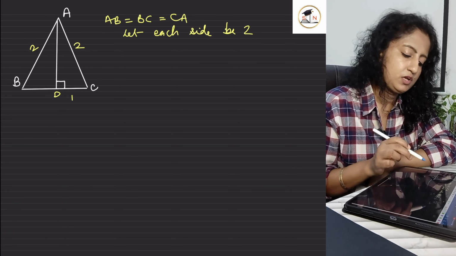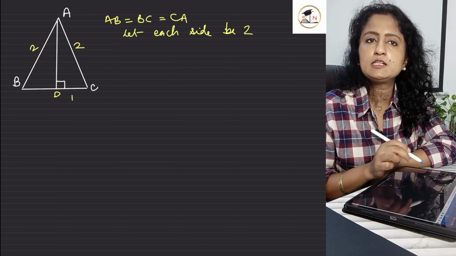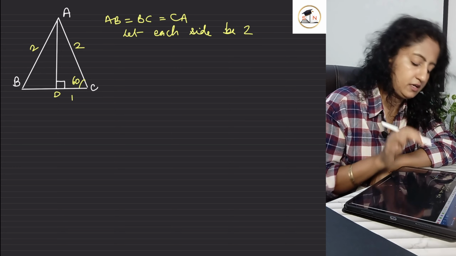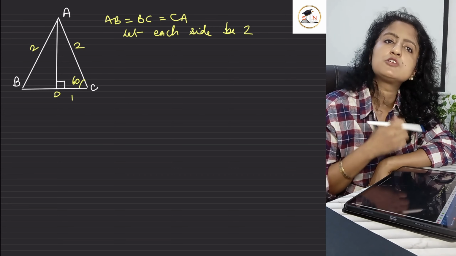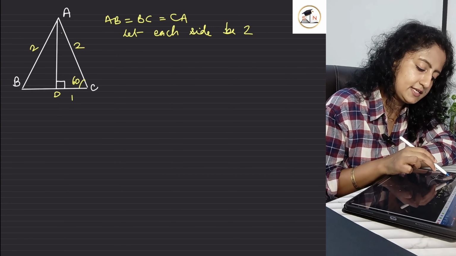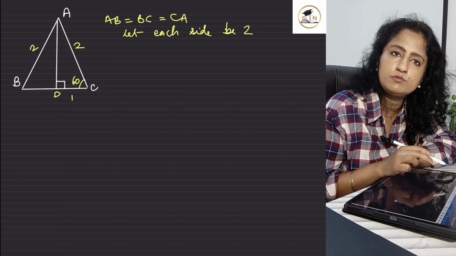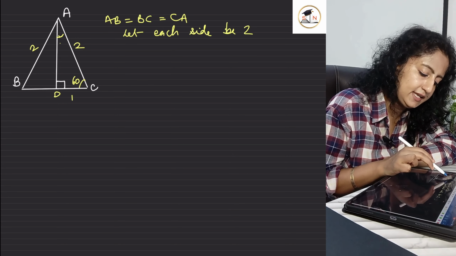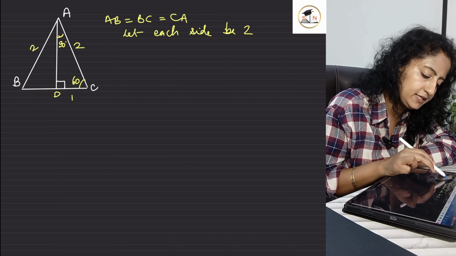Okay, now it is an equilateral triangle, so all the angles were 60 degrees. This angle is 60, right? Now vertex A, that was also 60 degrees. But now, since the perpendicular bisects the vertex in an equilateral triangle, angle DAC turns out to be 30 degrees.